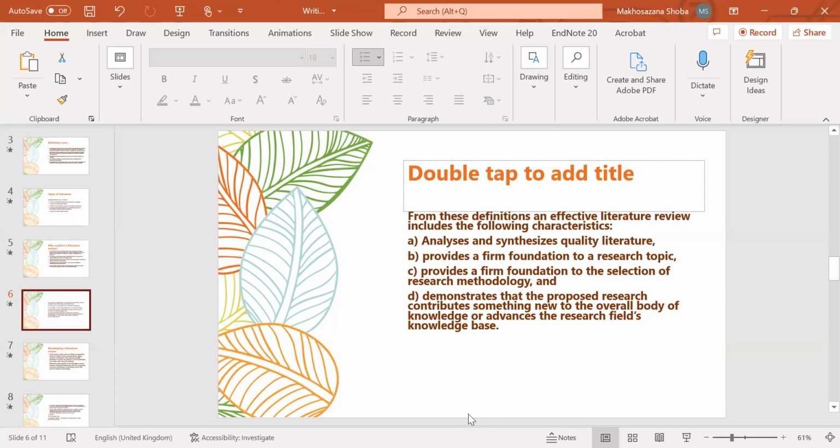That when you write the literature review, you need to be able to analyze and synthesize quality literature.